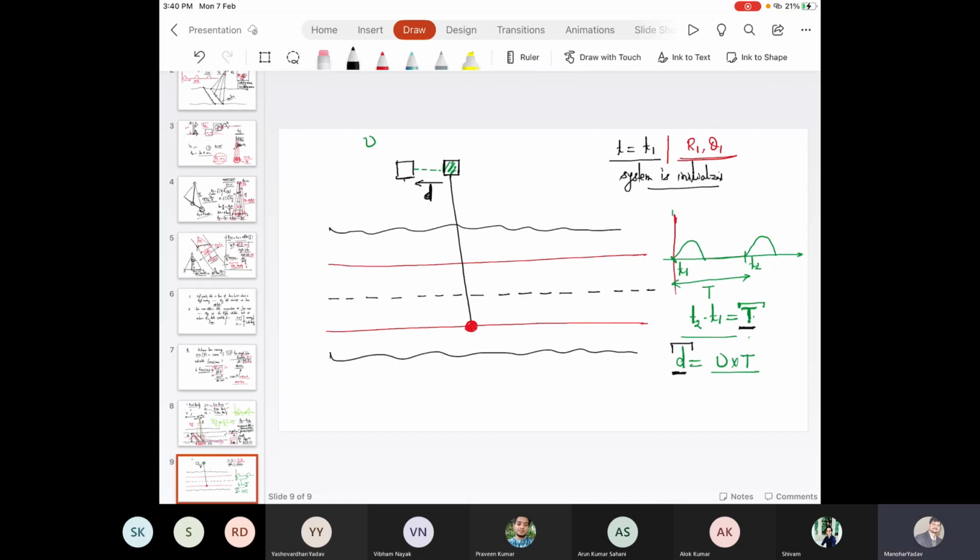Now when the next beam is fired, it hits somewhere here.